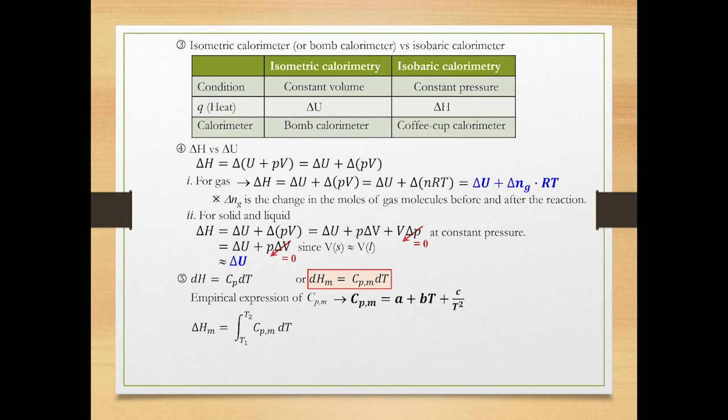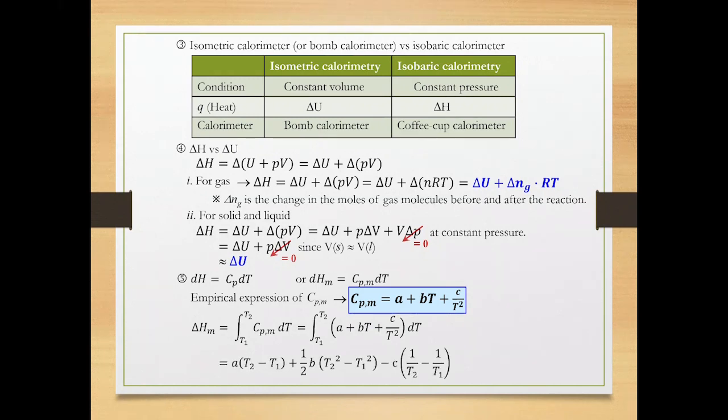That is, molar delta H equals the integral from T1 to T2 of C sub Pm dT. Plug the C sub Pm into the equation. The result of the integration is this. It is slightly complex and tricky to handle empirical heat capacity to determine delta H of a reaction.